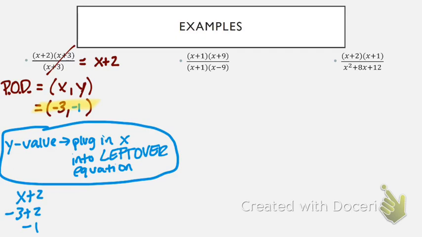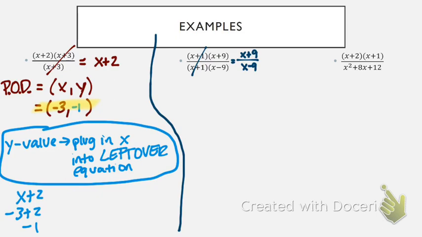So if I look at example number 2, we have x plus 1, x plus 9, x plus 1, x minus 9. So x plus 1 and x plus 1 are exactly the same, so we can get rid of those. X plus 9 and x minus 9 are similar, but they are not exactly the same. So since they are not exactly the same, they do not get canceled out.